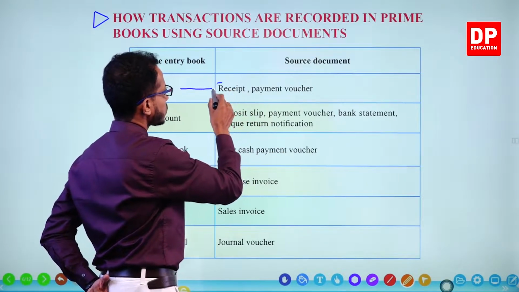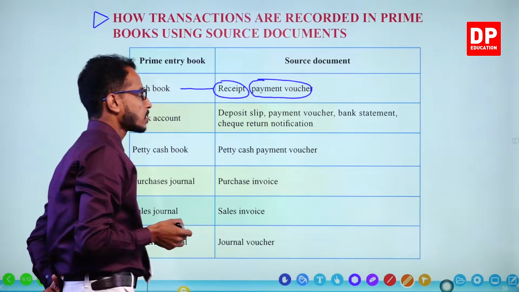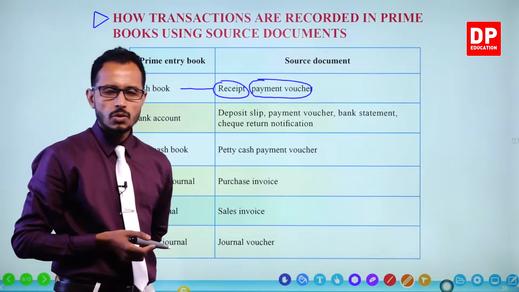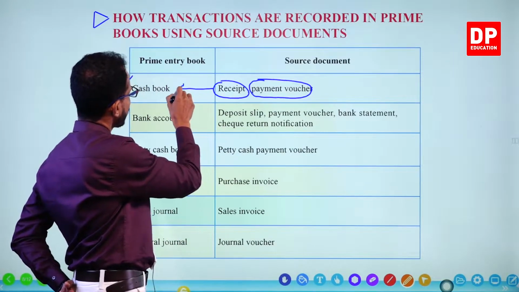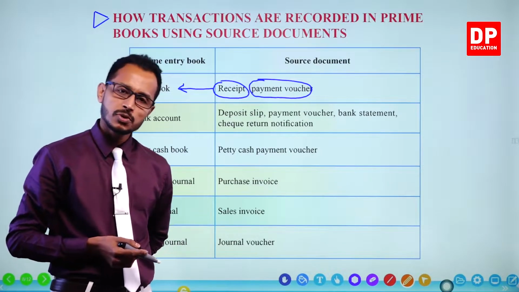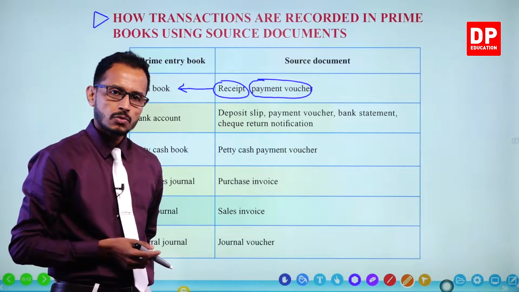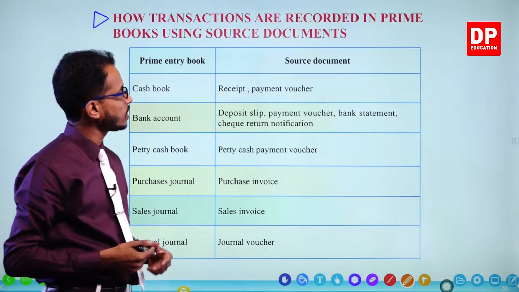Receipt, payment voucher. Receipts and payment vouchers are relevant for the cash book. What does it mean, children?